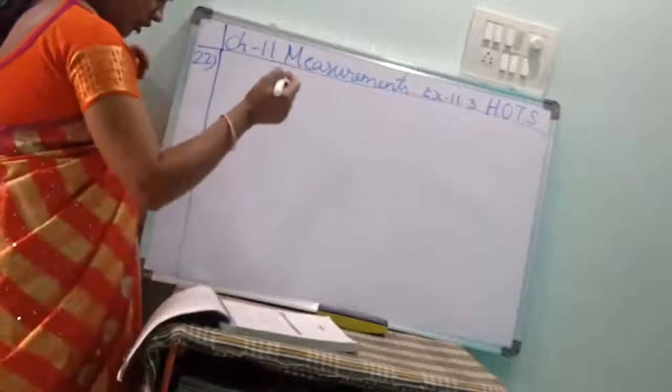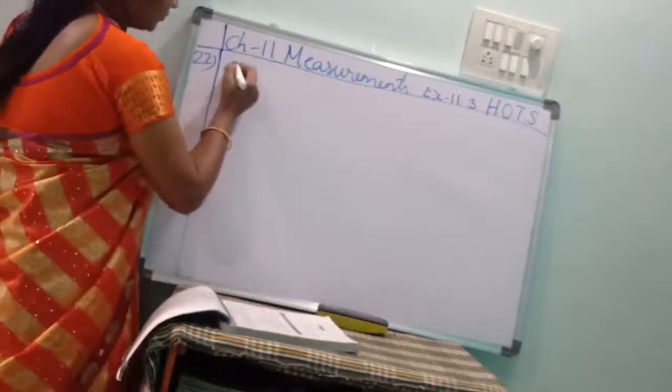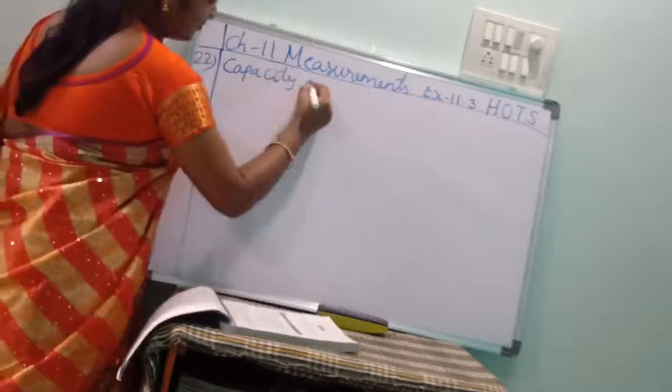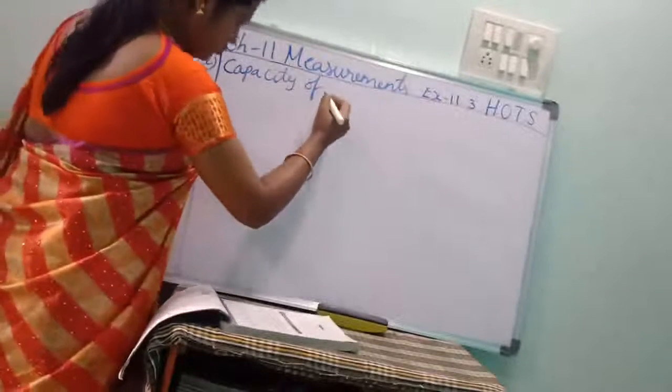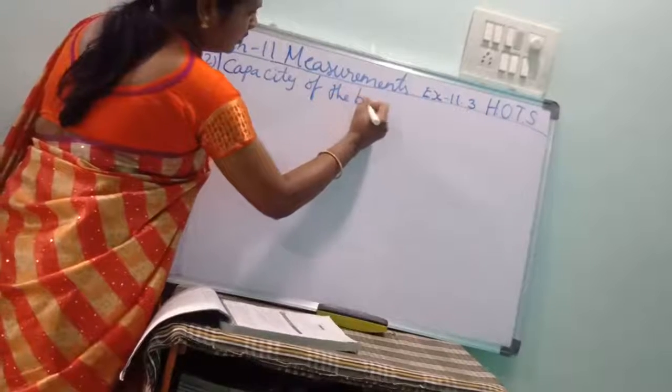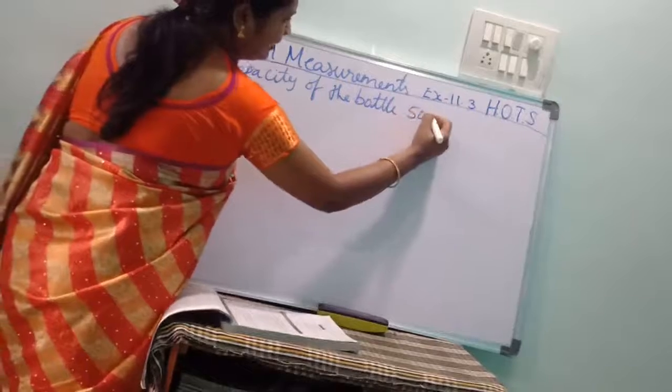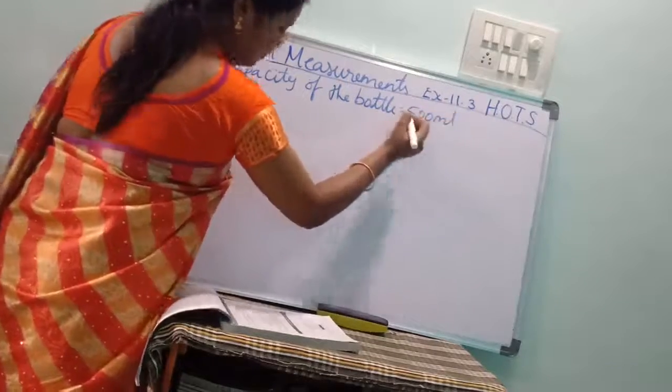See, capacity of the water bottle, how many? 500 ml. Okay.